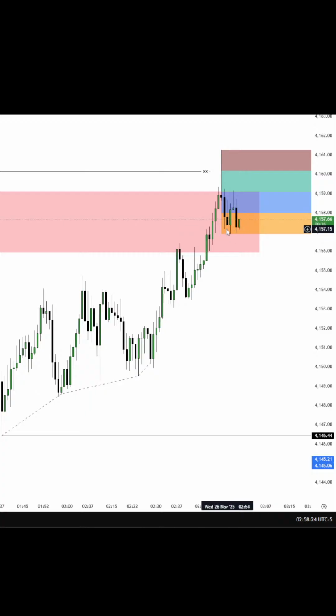Now I want the market to break this low, this one, and then tap in the order block or breaker box or something, and then we might continue to go down. Let's see.